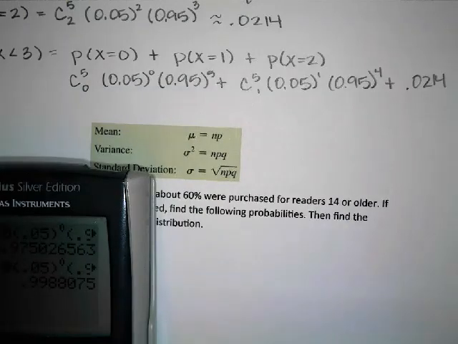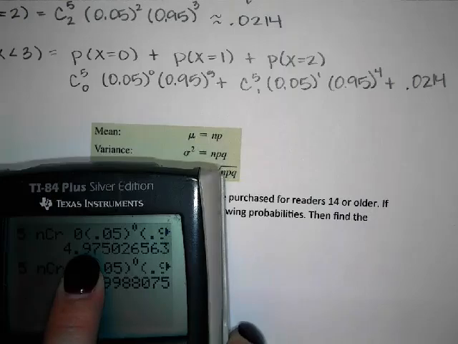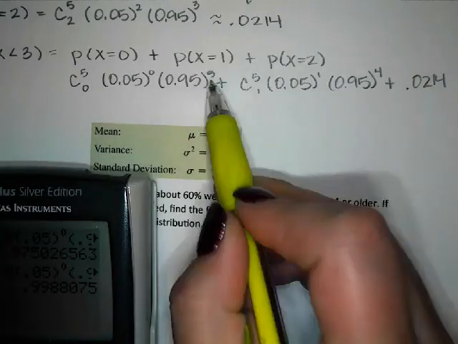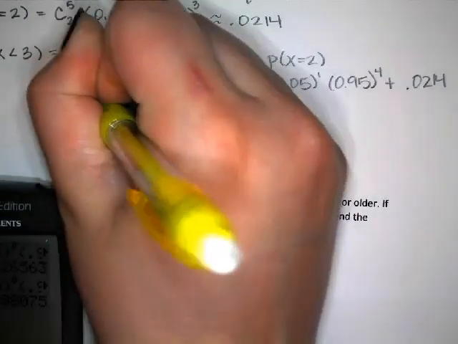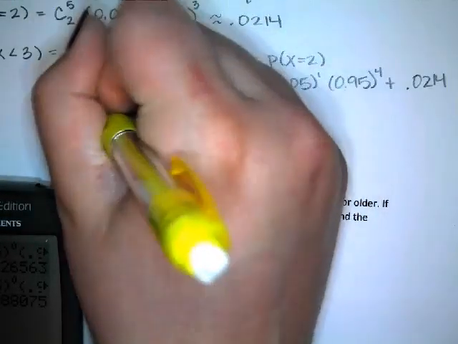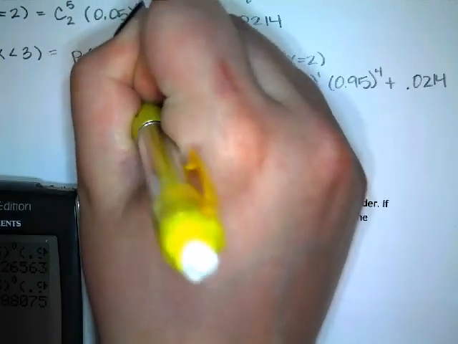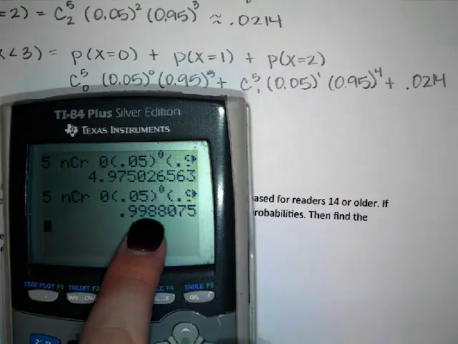So I went back through and I found where I had actually multiplied by 5 instead of raising it to the 5th power. Okay, so my probability here is 0.999 if I'm doing 3 significant figures and then rounding. This third digit right here, the 8 rounds to a 9.